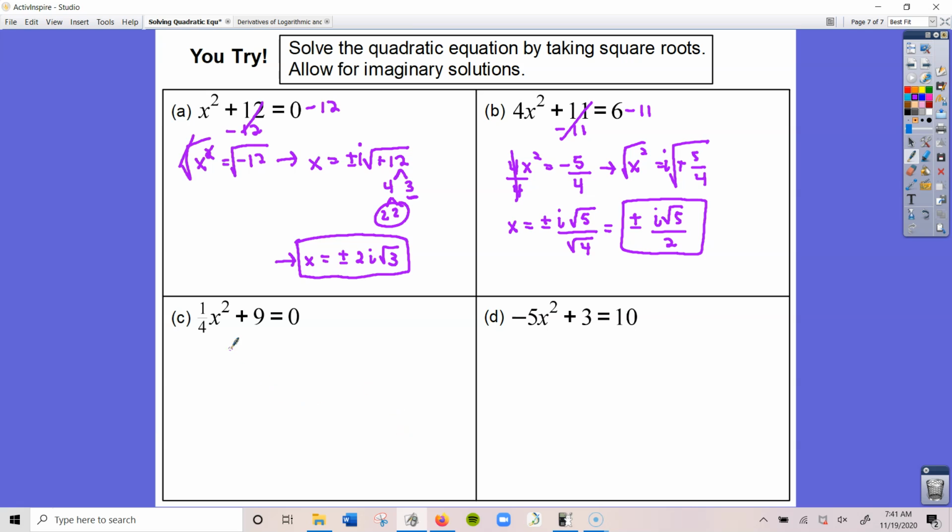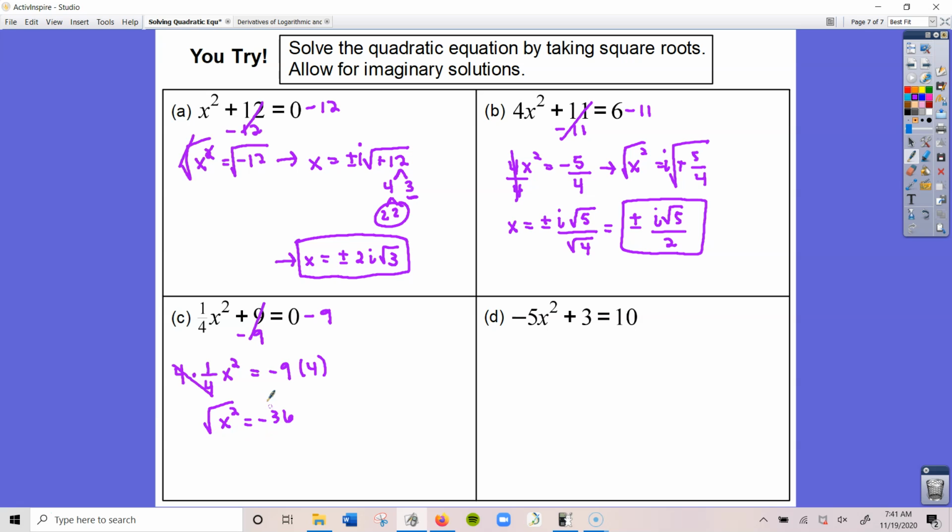For 1/4 x squared plus 9 is equal to 0. First, I would subtract the 9. And we get 1 over 4 x squared is equal to negative 9. To cancel out this fraction, we would multiply by 4. So now I have x squared is equal to negative 36.